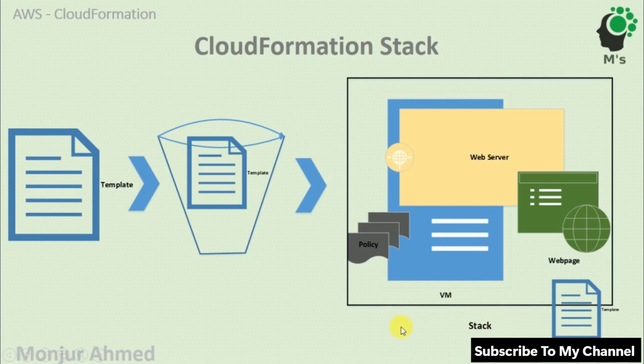So to sum up, a stack is the area, we can say a room, where all the resources and everything that is deployed due to following the instruction in a template are thought of as a single unit, and that single unit is known as a stack in AWS.